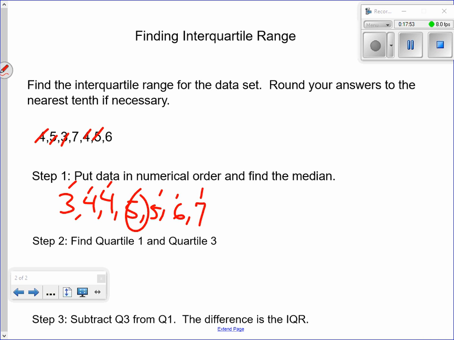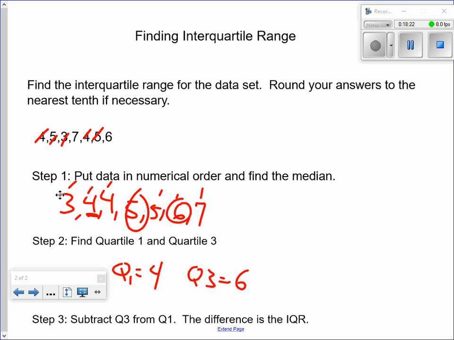Boom. Okay. Q1. What is Q1? Look at this. Mason, what's Q1? Q1 is 4. It's the median of the first half. So Q1 equals 4. What's Q3? Elijah? 6. Okay? So Q3 equals 6.